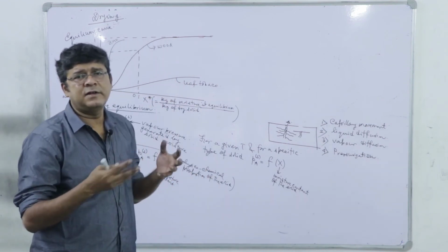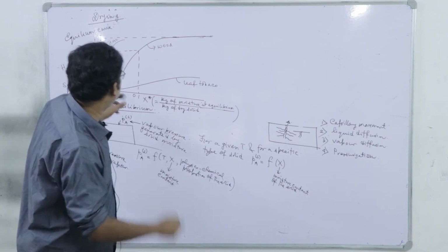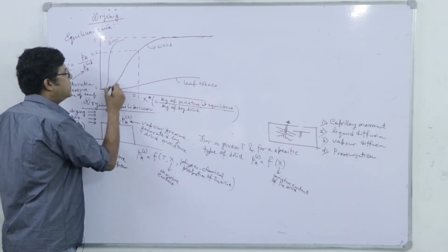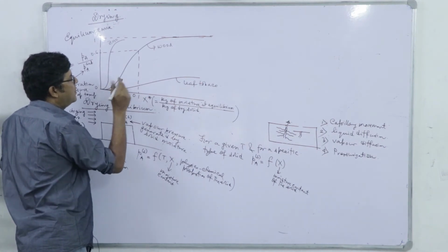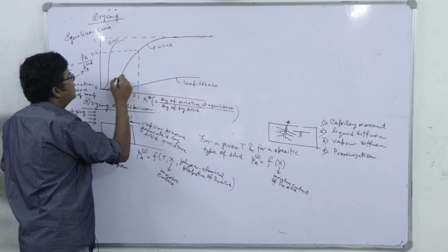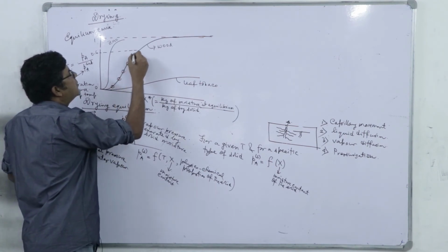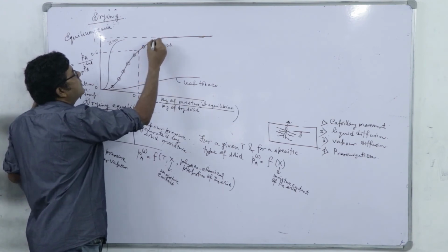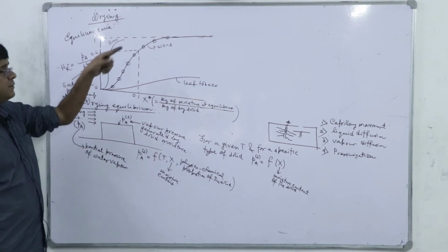So, wood will naturally lose the moisture and attain some definite x star value. We will mark that point. Next we will repeat that experiment with another RH. In this way we will go on generating these points, and if we join them smoothly by a curve, we will get the drying equilibrium plot.